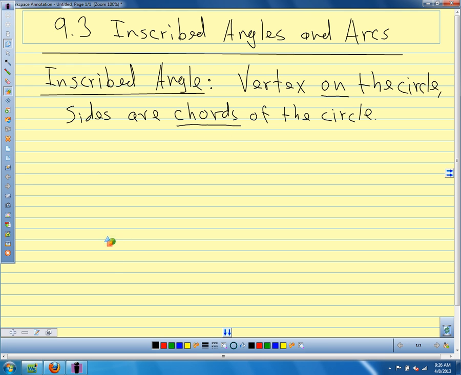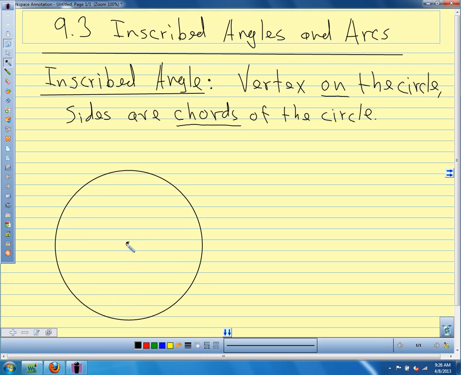Let's draw a picture of an inscribed angle. So there's our circle, there's our center. So this is circle P. And here's our inscribed angle. And I'm going to call this angle AVB.